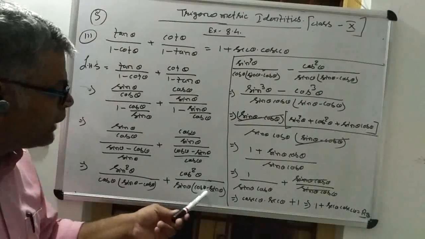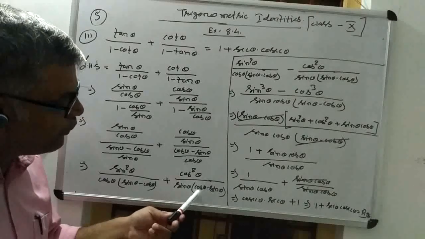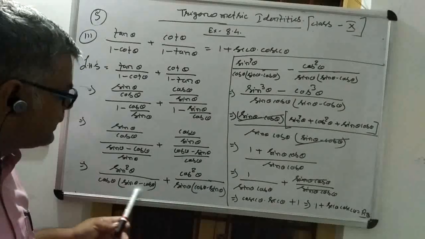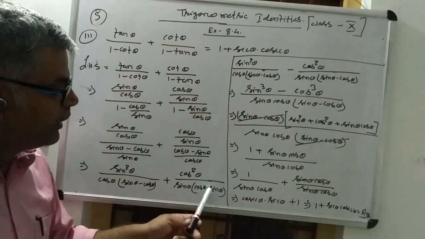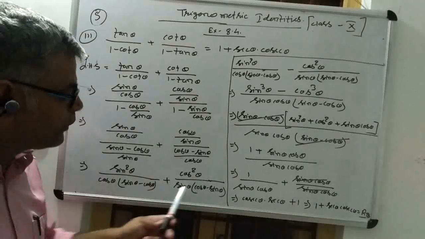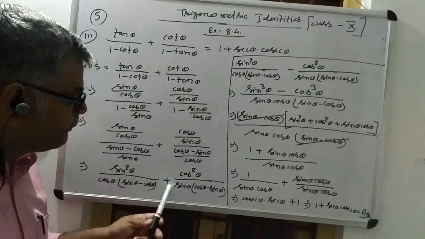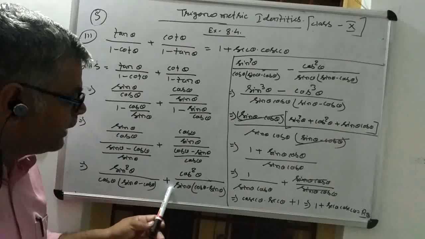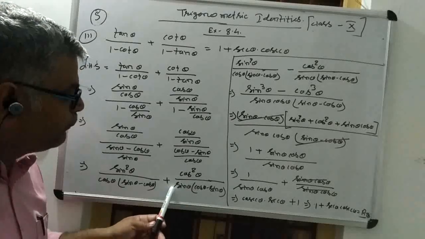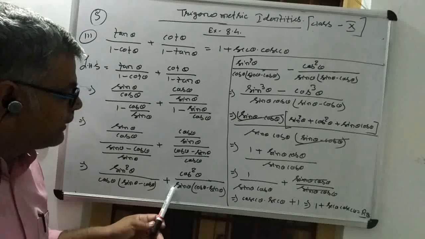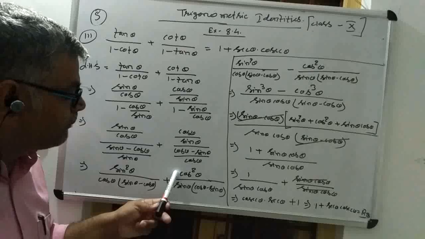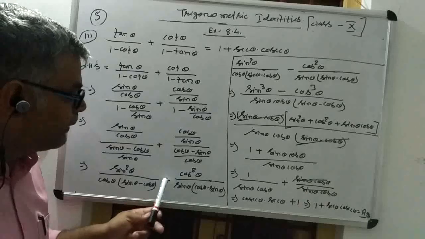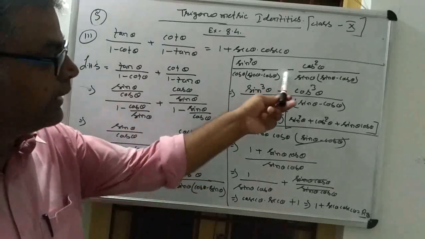Now we have to take the minus sign common from this term to make this term equal, sin theta minus cos theta on both sides. When you take the negative sign common from here, it will become minus in the denominator, and when we take this minus into the numerator, it will become minus, and ultimately plus minus will become minus.